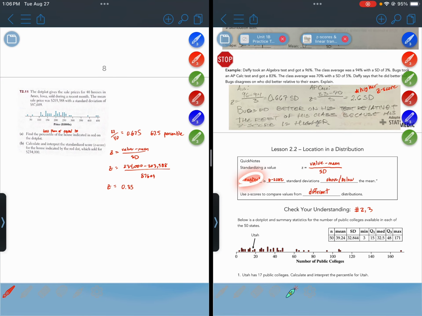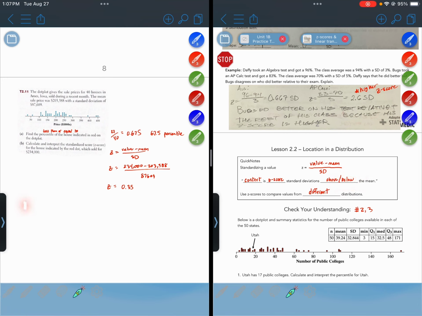The context is z-score standard deviations above or below the mean. Right? So we'd say the house that sold for $234,000 is 0.35 standard deviations above the mean. You know a value is above the mean if its z-score is positive, and it would be below the mean if its z-score was negative.